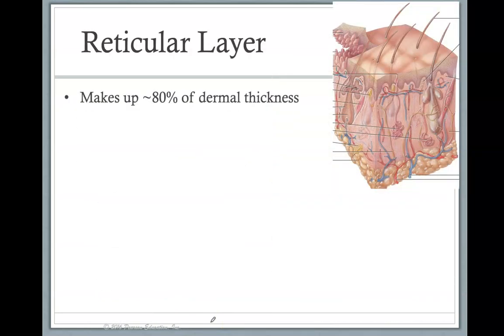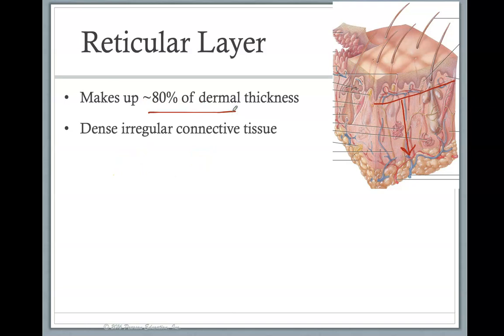Okay, so the next layer is going to be what's called the reticular layer. So remember here, the upper 20% is the papillary region, and then the lower 80% is going to be this reticular region. That makes up about 80% of our dermis.